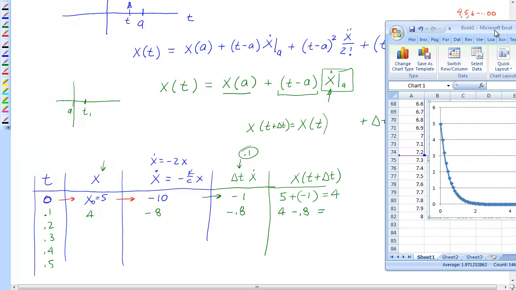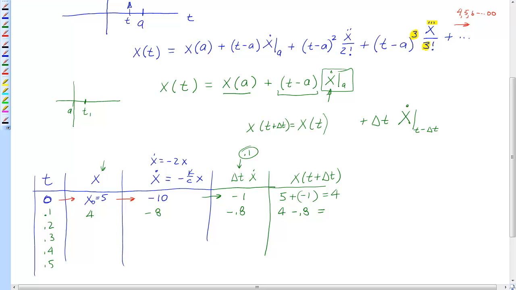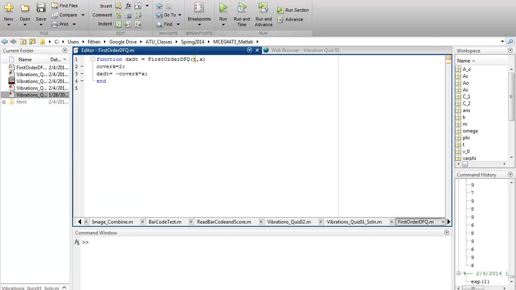Now, how do we do this in MATLAB? And it's not that bad. Let's solve this differential equation then.